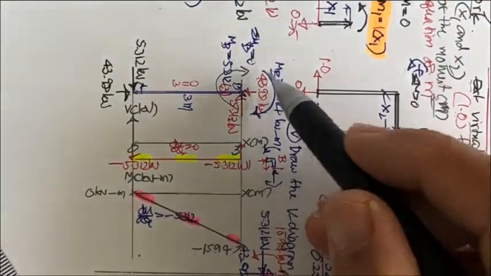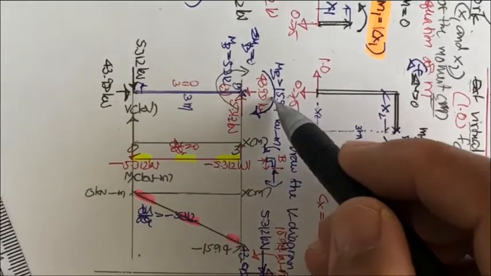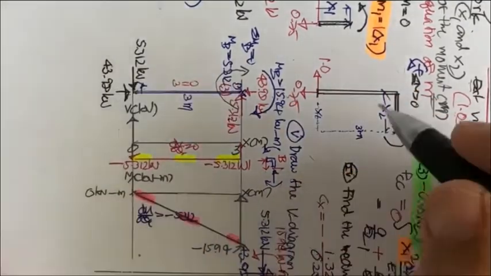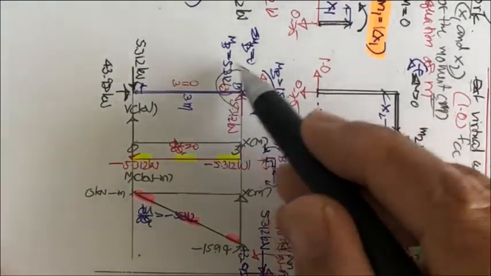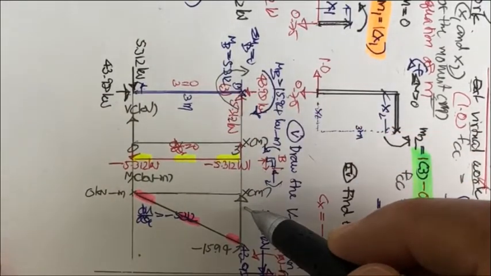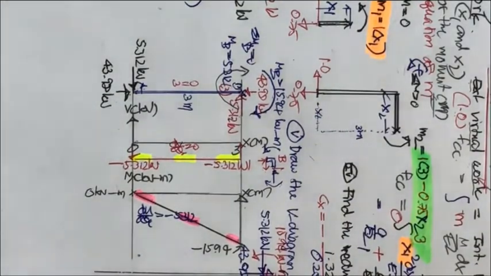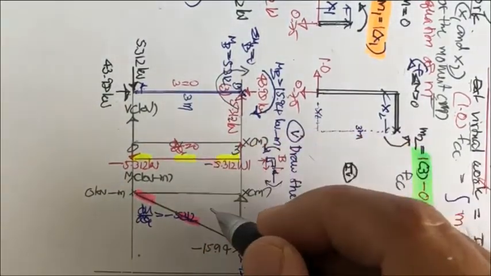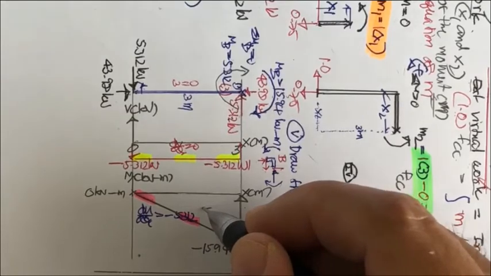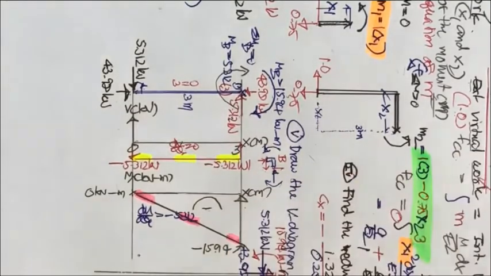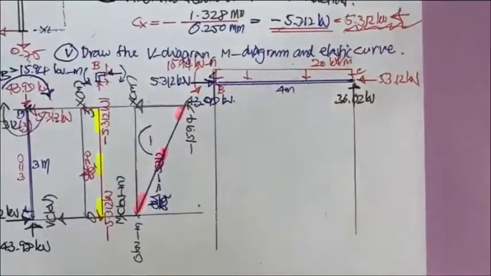And then what we have is this moment going to close this one. Clockwise is going to be positive. Okay. And now we move to this one. This one is negative, and this one is going to be negative. When this one is negative, it's going to deflect like this.